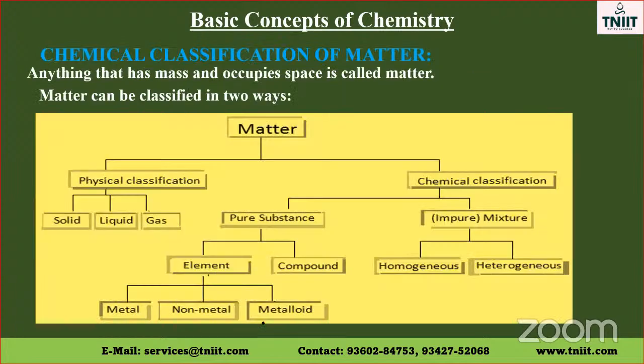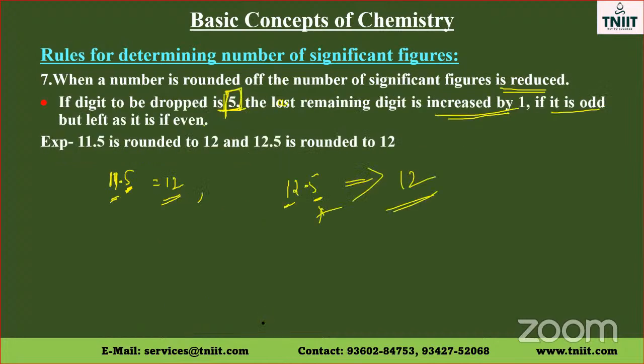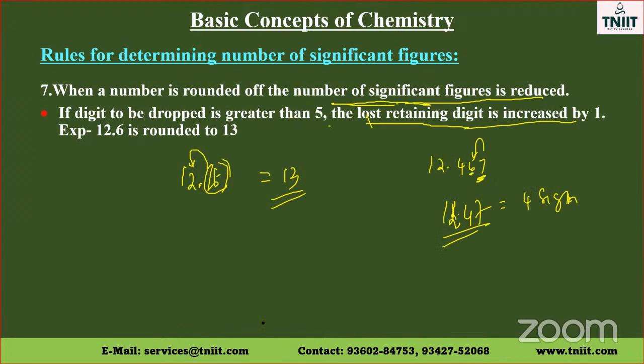These are the rules in understanding the significant figures. There are a lot of numbers to be worked based on the significant figures, and when we work the questions, we will try to understand them. The rules again, for your understanding.